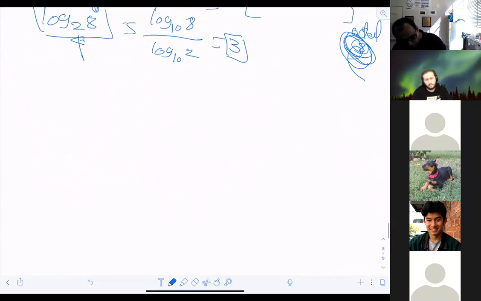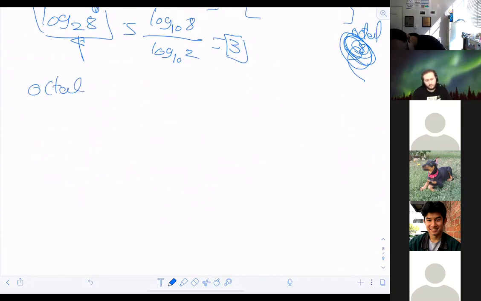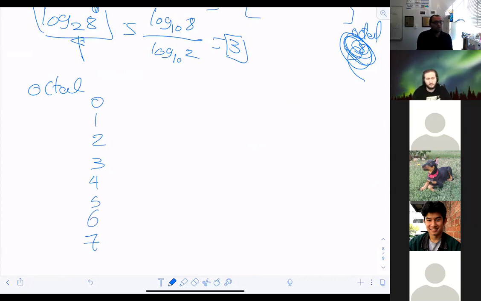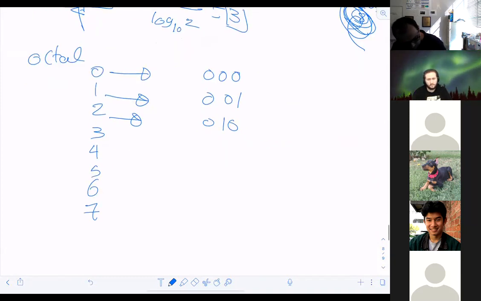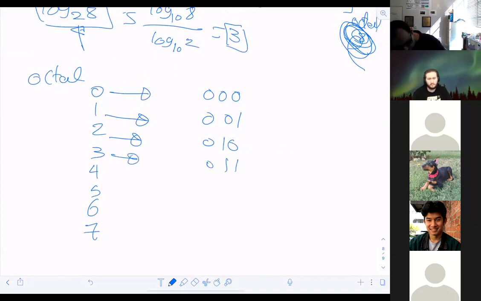So octal is 0, 1, 2, 3, 4, 5, 6, 7 per digit, right? If I want it in binary, what should I do? I will keep dividing by 2, right? Do you guys agree? So you will find that 0 is 0, 0, 0. 1 is 1, 0, 0. 2 is 0, 1, 0. 3 is going to be 1, 1, 0.